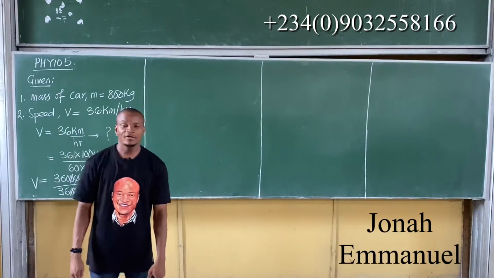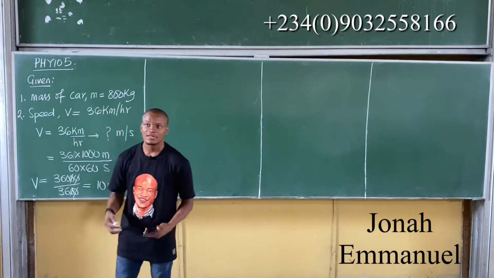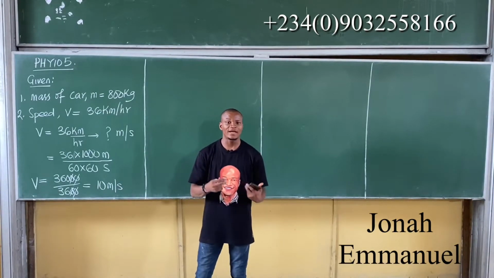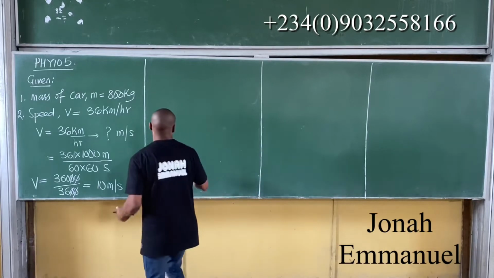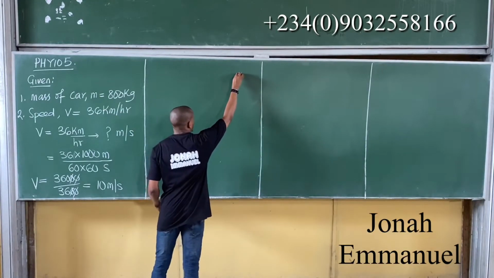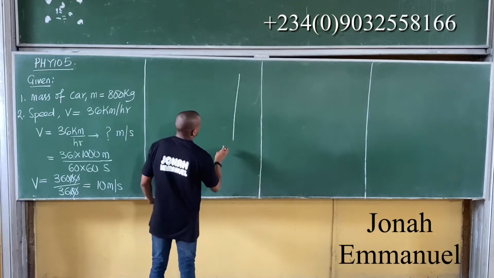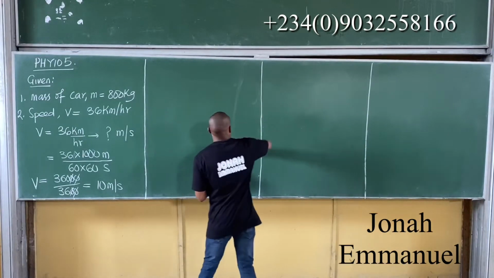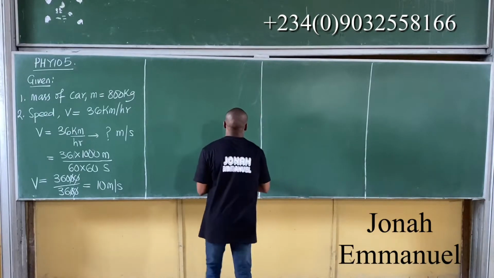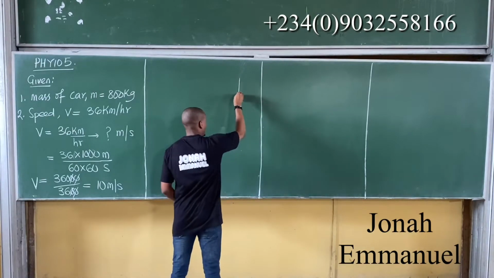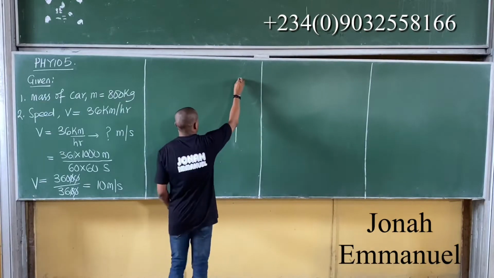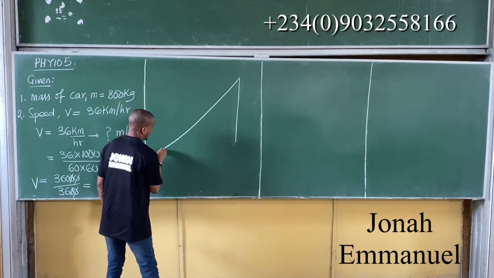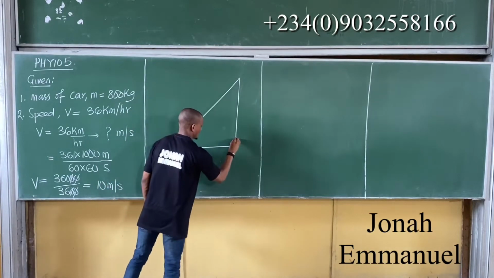Alright, so if I've done my conversion, what next? I'll try to represent the information on a diagram. So I'll have a diagram like this, something of this nature. Try to draw an inclined plane like this.